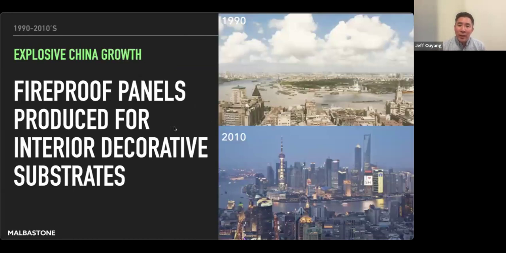So fast forward to what I would consider the real genesis of this industry, which happened in China from probably about 1990 to the early 2010s. If you look at that picture on the right, that's the skyline of Shanghai in 1990 versus 2010. It's really hard to quantify China's building boom, but from my perspective, a significant proportion of the entire human population went from 0-story buildings to high rises in about 20 years.